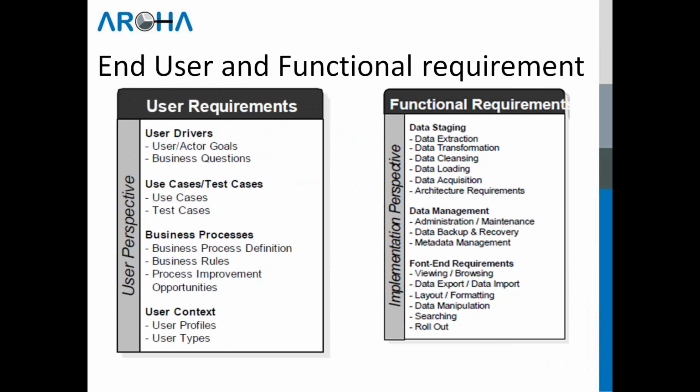So that is the user requirements. When it comes to the functional requirements, you talk about technology: data, data management, and front-end user requirements, such as how to export, how to do a search, and how that function of the report actually performs.